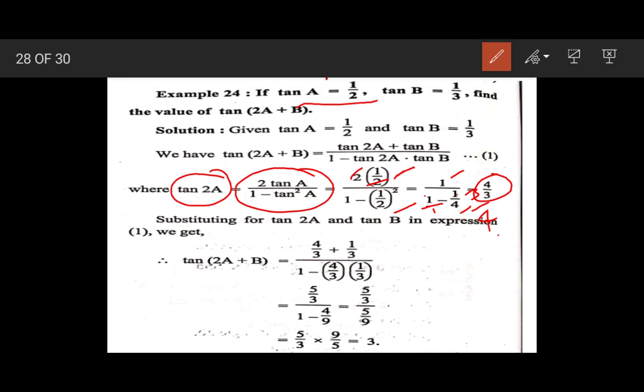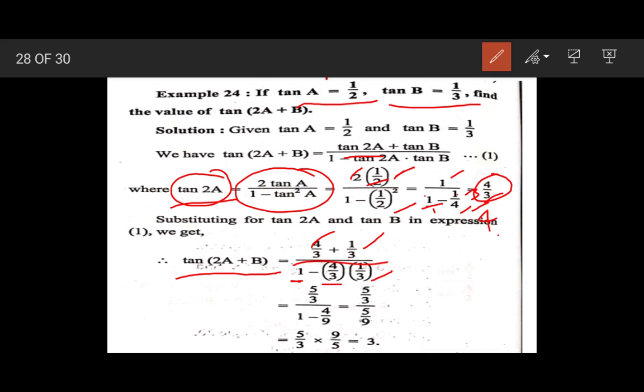After getting tan 2A, next we have to write the formula for tan of 2A plus B. So tan of 2A plus B is tan 2A, which is 4 upon 3, plus tan B, which is 1 upon 3, upon 1 minus tan 2A into tan B, that means 4 upon 3 into 1 upon 3.